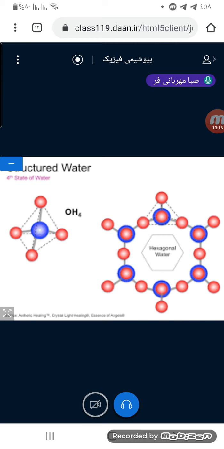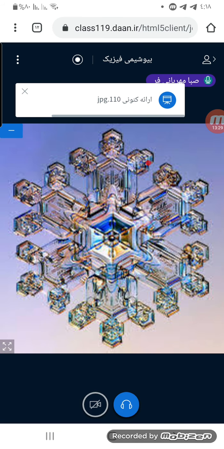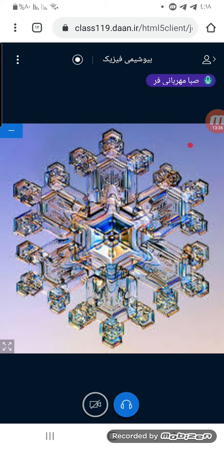Another interesting picture is this one. This is the crystallized structure of water. Interesting, isn't it?